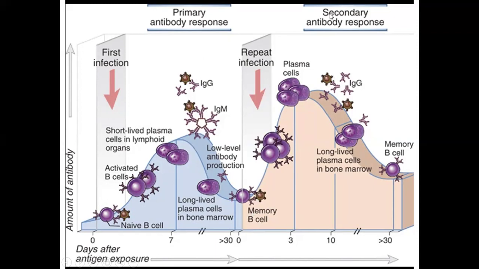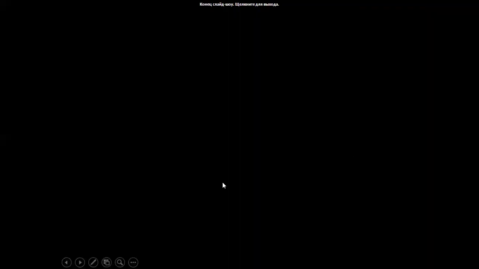So that's why we can say that the secondary response is faster and stronger than the primary immune response. Okay.